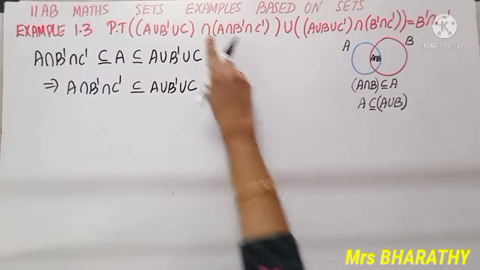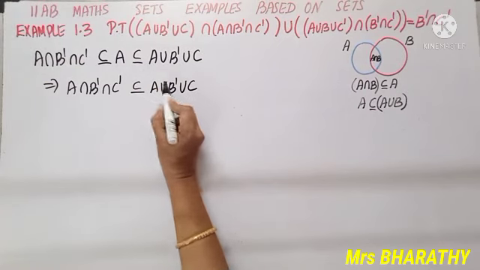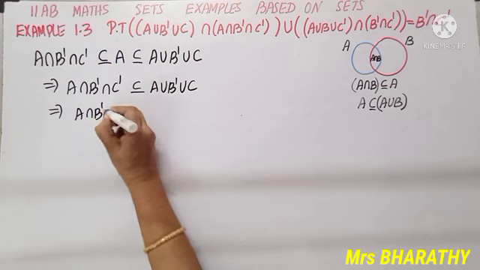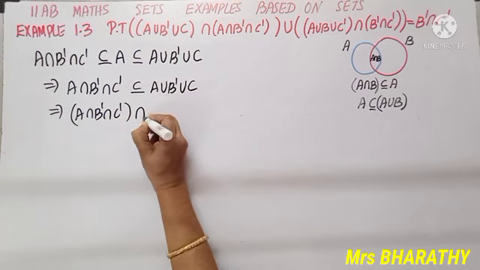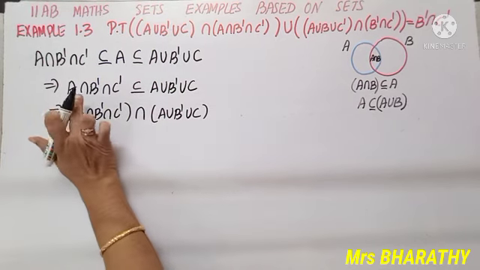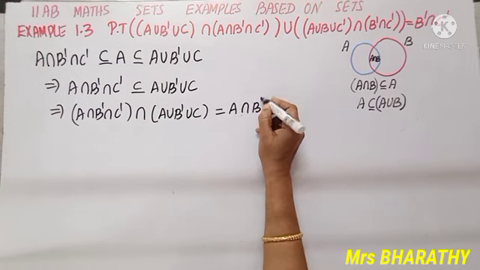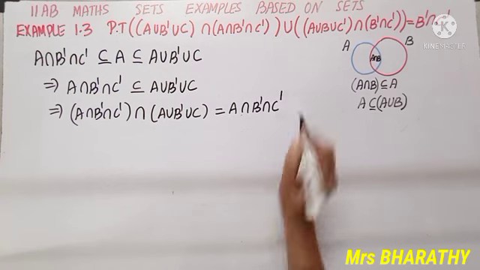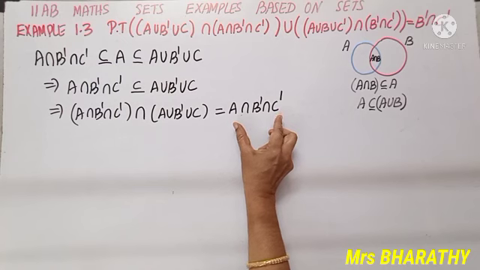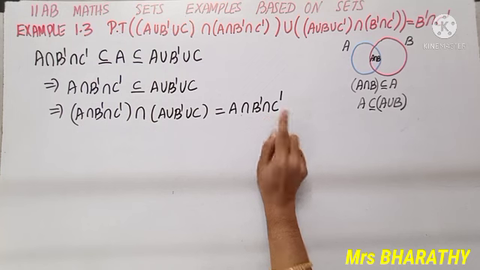Whenever I want intersection, I will write the small set only. Therefore, intersection tells me choose the smaller set. Out of these two, this is smaller. So my answer is A intersection B dash intersection C dash. So for the entire first bracket, I have identified the answer A intersection B dash intersection C dash.